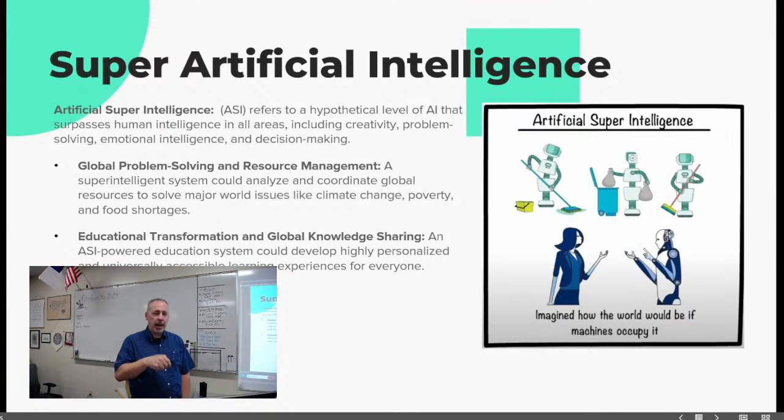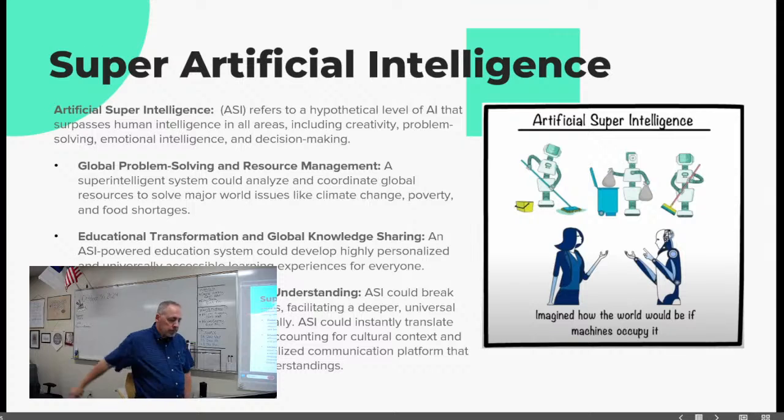But then I got hit with this one. And you tell me what you're thinking. I'm going to pause, and those who know their Bible a bit, tell me where we're going here. Universal language and cultural understanding. ASI could break down language and cultural barriers, facilitating a deeper universal understanding among people globally.